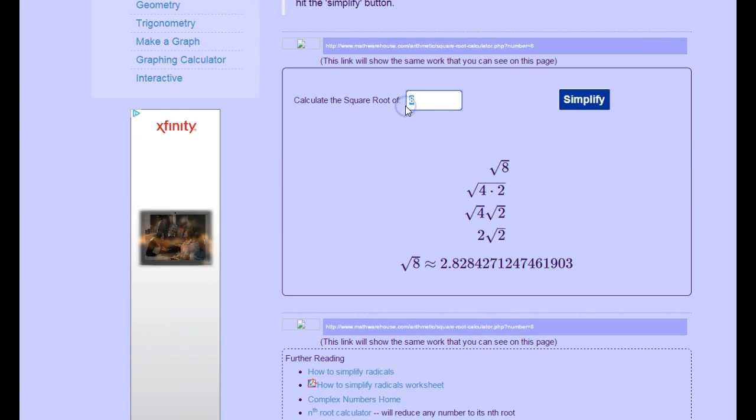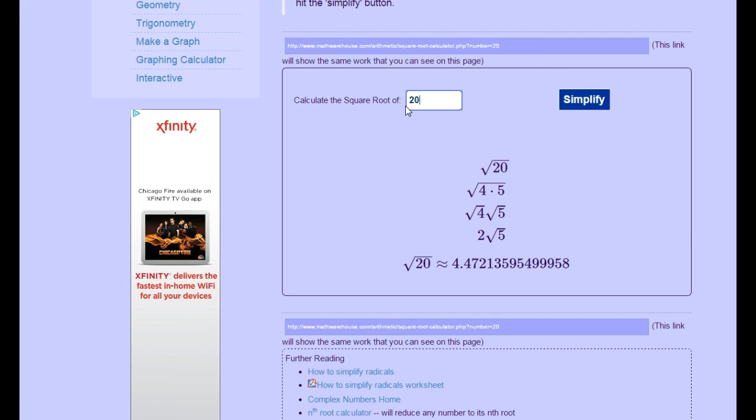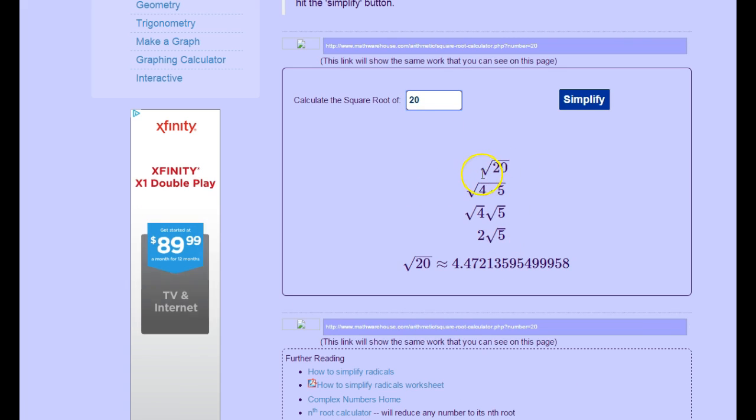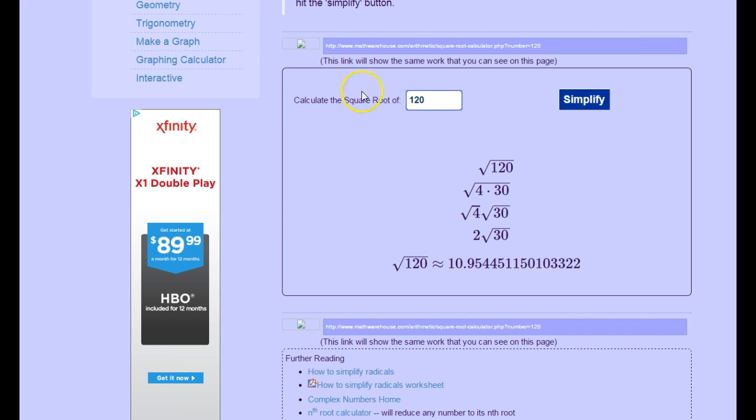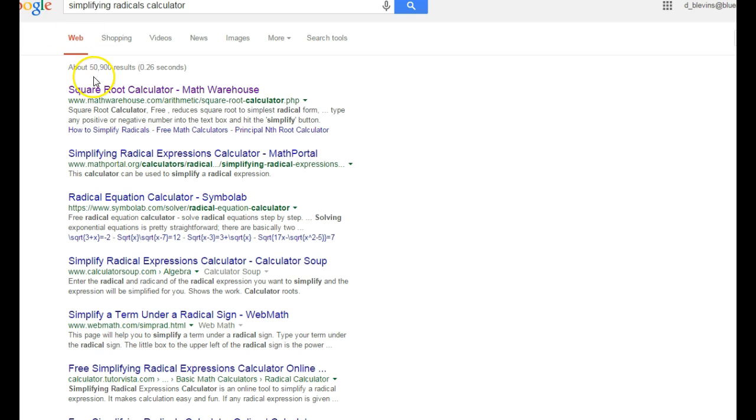So in that last example we had the square root of 20, and it shows you the process. Square root of 20, that's 4 times 5, square root of 4 is 2. You can type in any expression, anything that shows up in these. So just know that that's there, and it was the very first thing that popped up on Simplifying Radicals Calculator.